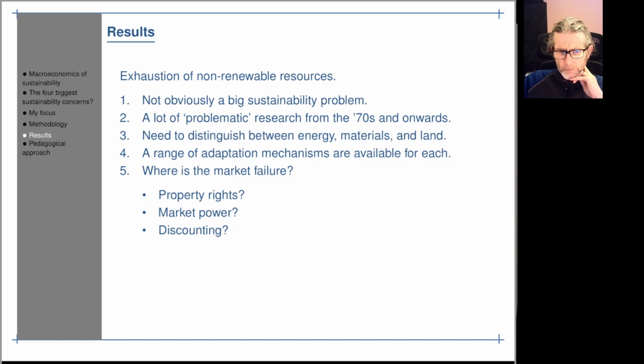But these are the areas, property rights, market power, and discounting, where there are potential market failures, which we won't actually talk about a lot in the course, or in my part anyway. I think Chandra might well talk about discounting, but you could potentially look at these areas for your essay.